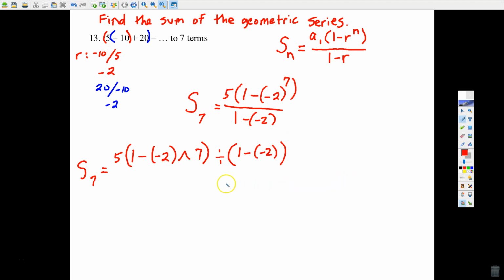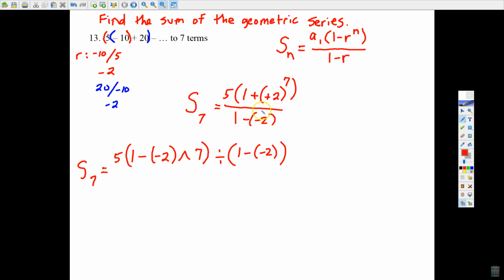Now before we hit enter, let me give you a word of caution, a heads up on a very common mistake that people make in problems like this. They see minus negative, and the tendency people have, and I've seen this already this year, is to go ahead and make these become plus.